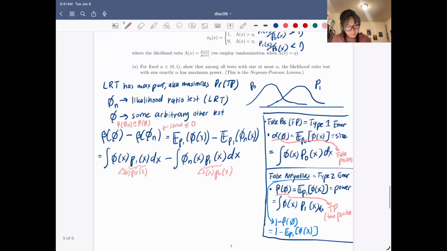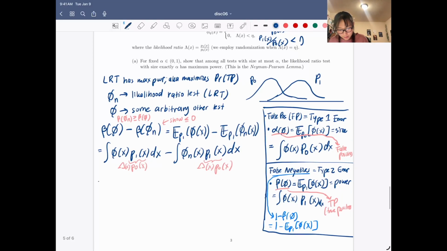This will give us, and I'm going to omit writing the x's to make it faster, but just know that they're actually functions of x, we can rewrite this as an integral.